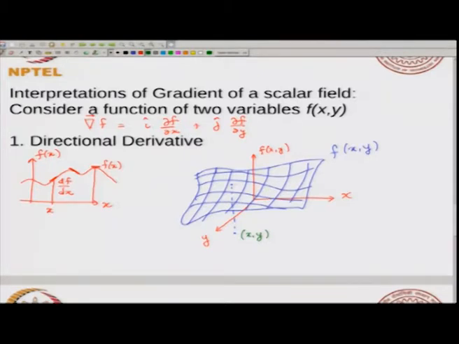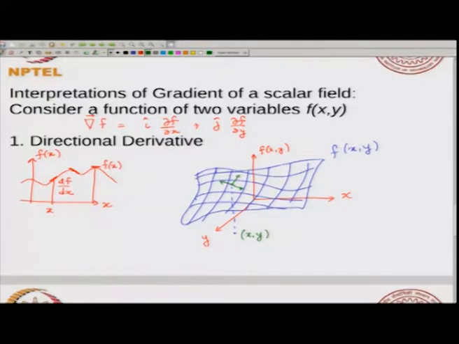Now if you sit on this surface and move a little bit in any direction, the function will change. You want to think about how this function changes as you change this point x y. You can go in different directions, and the rate of change of the function might be different in each direction.